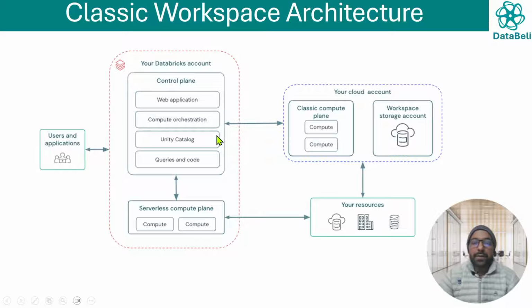In Databricks we get different types of compute or clusters. If we are using a job cluster or an all-purpose cluster, then the compute will be part of the cloud. In the cloud it will run virtual machines automatically, and our code will run on those virtual machines, and those machines will be managed and tracked by this compute orchestration.